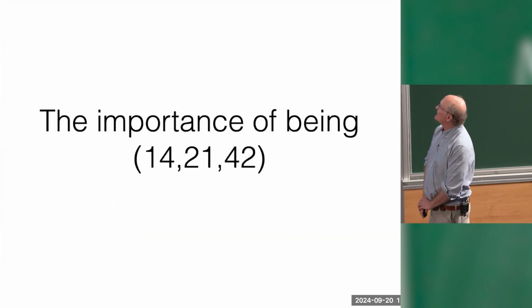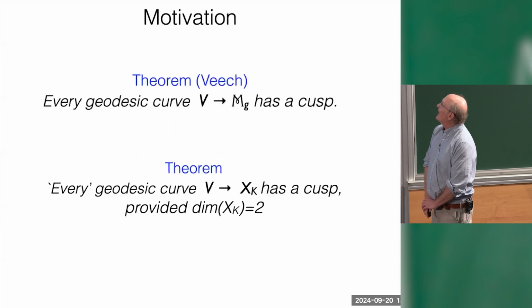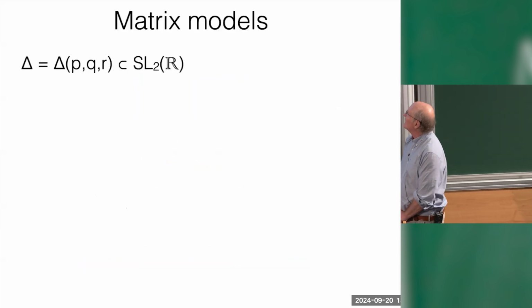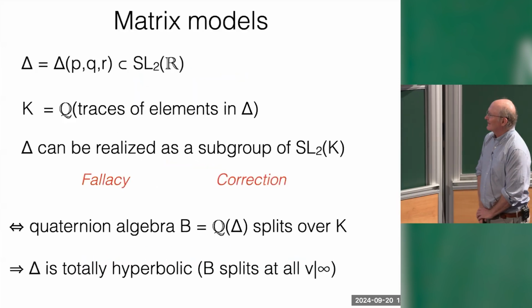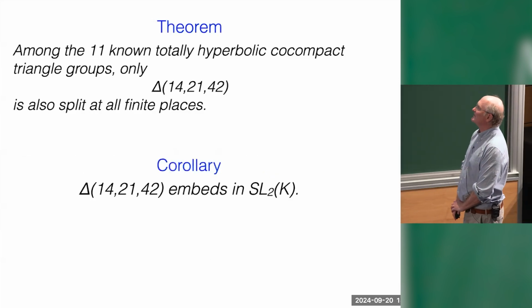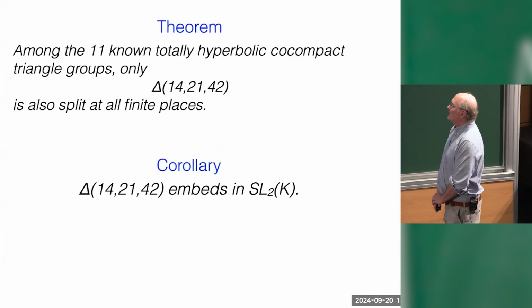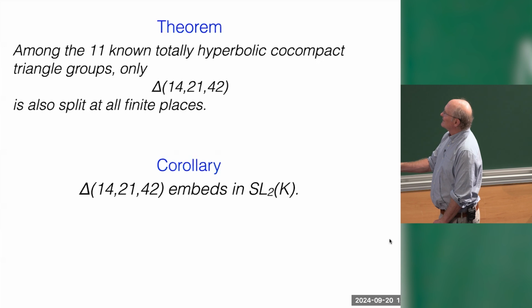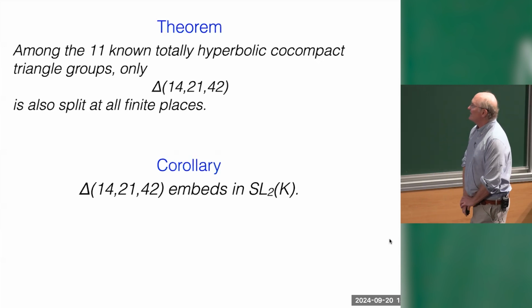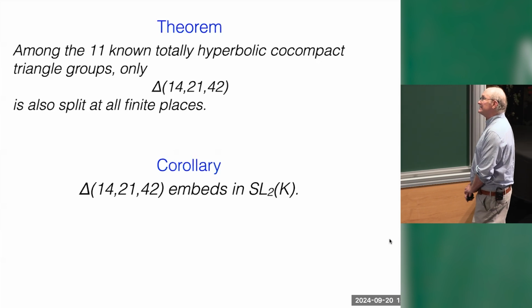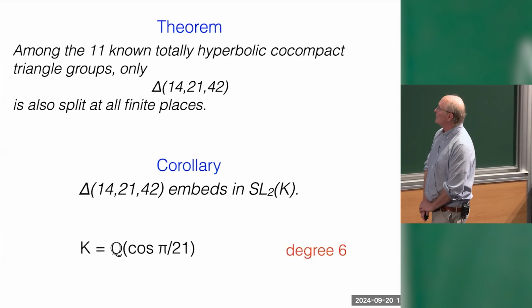I don't have much time to tell you about the importance of this (14,2,14,2) group, but one of its special features is it embeds in SL2 of its trace field, which has degree 6. That's not always true for a triangle group.